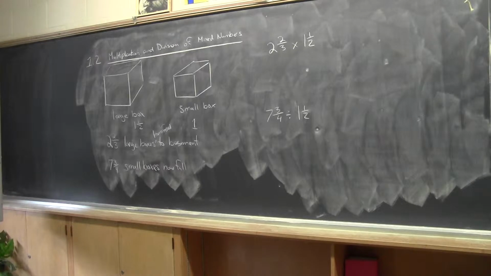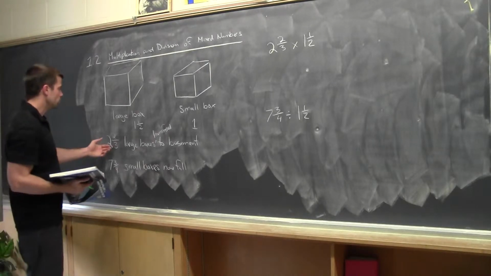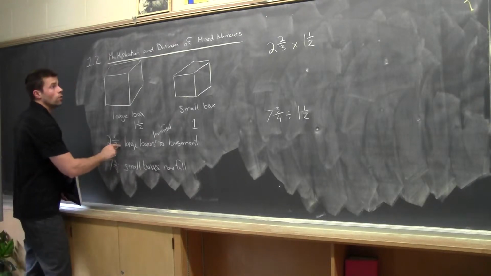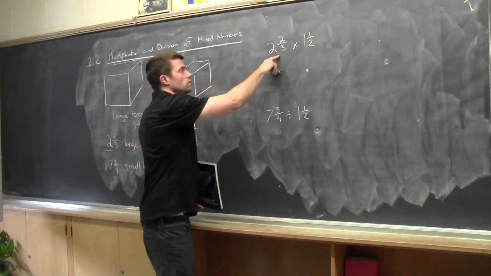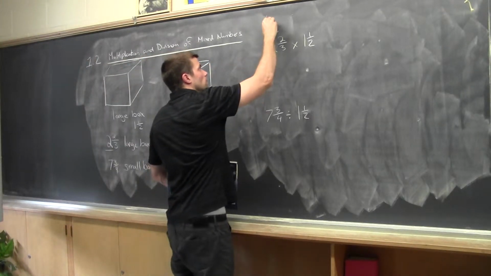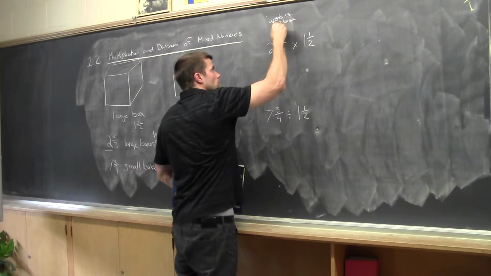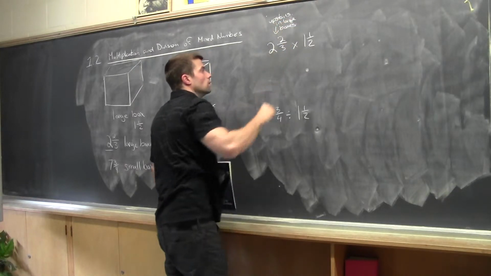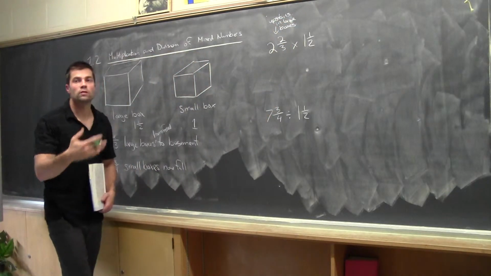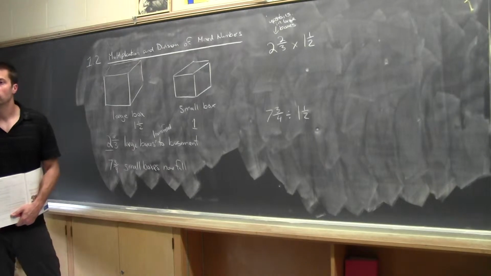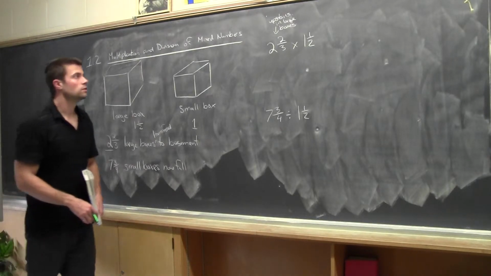Any questions about that? So we have a simple multiplication here. 2 2/3. This is what's upstairs in large boxes. And we want to know how many small boxes that's going to fill, because downstairs there's only small boxes.